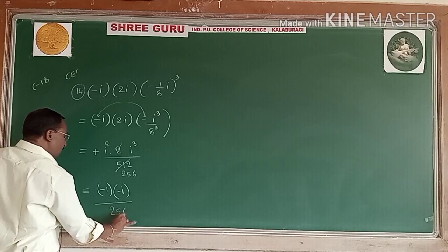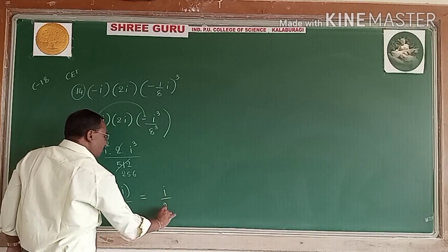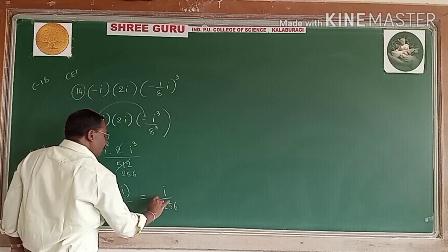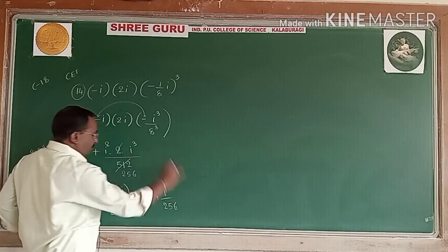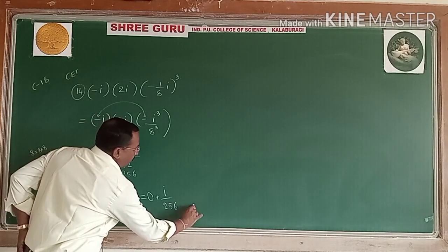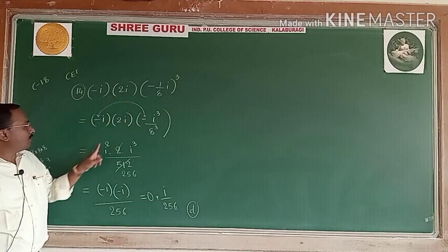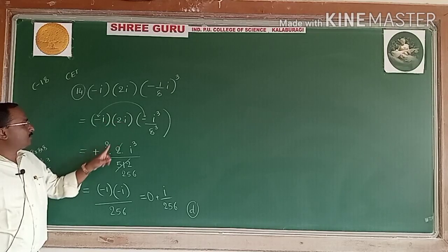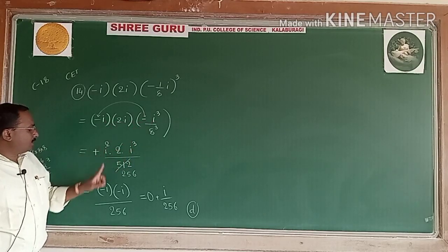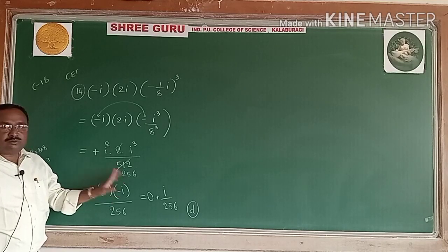Minus minus plus, i by 256. Your real part is 0, i by 256, that is the fourth option D. Any doubt? Minus minus plus, i into i square, i cube as it is, i square value minus 1, i cube value minus i, 2 ones are 256.